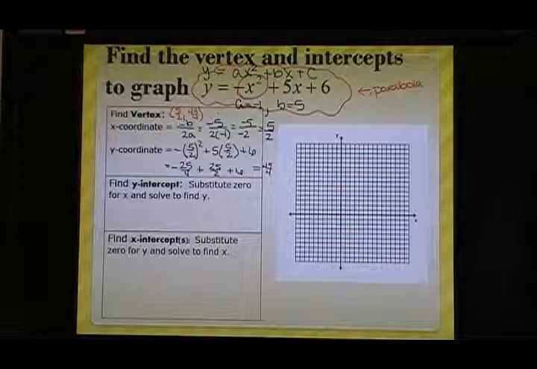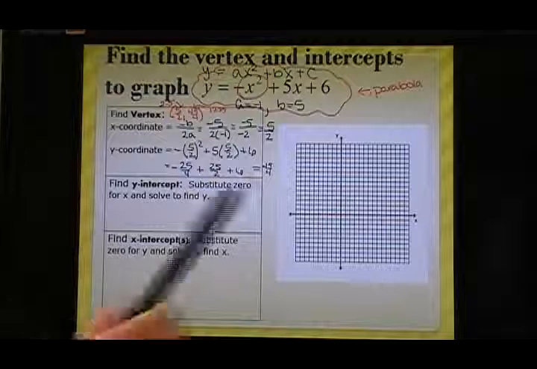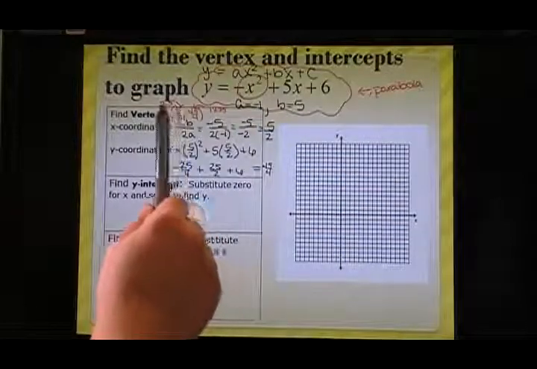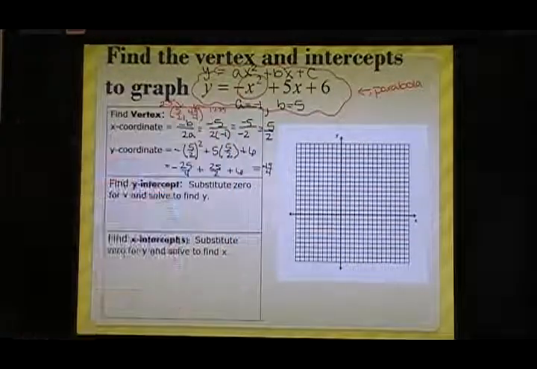Okay? So you can plot those values. You're just going to have to figure out what they are. 5 halves, if you do 5 divided by 2 on your calculator, is exactly 2.5. And 49 fourths, if you do 49 divided by 4, you'll get 12.25. So on our graph, we're going to go over 2.5 and up 12 1/4.